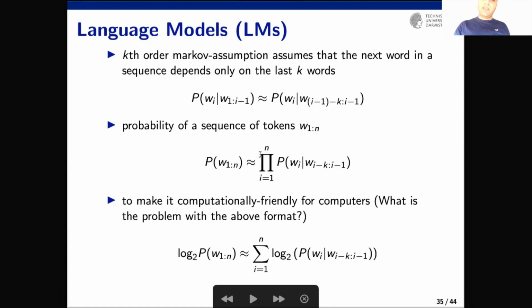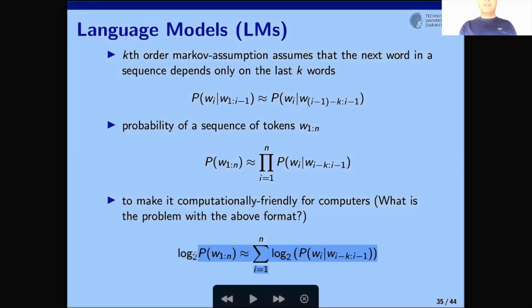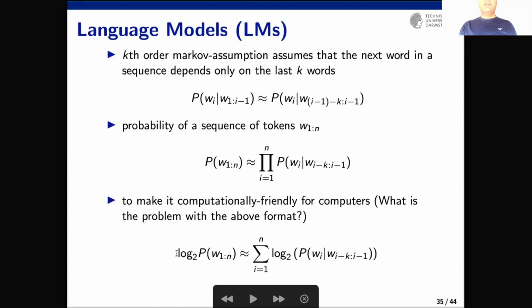However, computing this product is difficult for computers. You can think of why this is a problem, and you can write to us in the comments, for example, why computing this product is difficult for computers or for machines. What we usually do as the solution is that we compute the log of the probability.